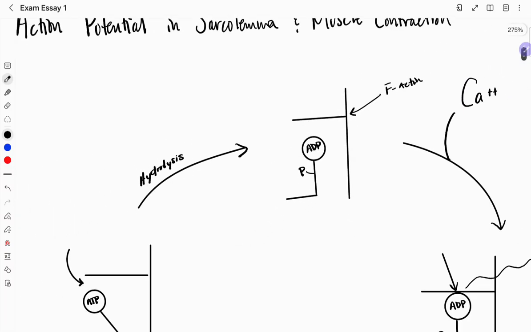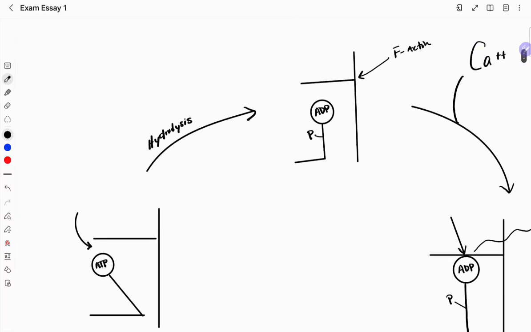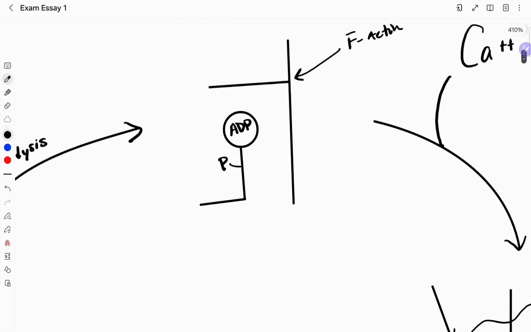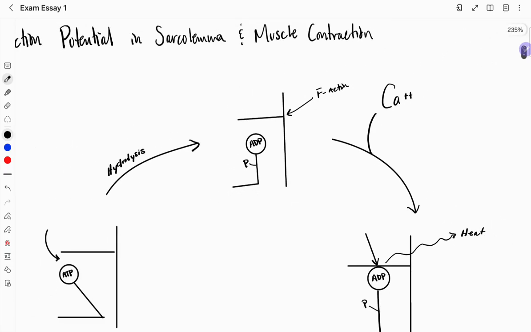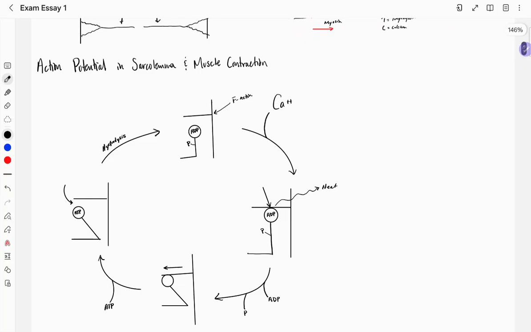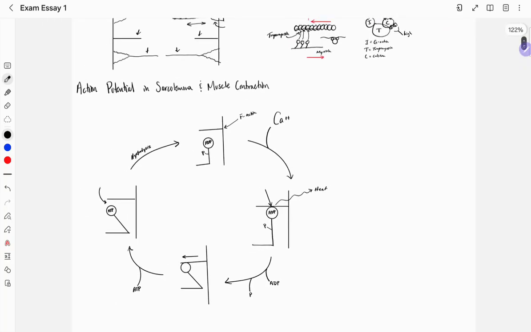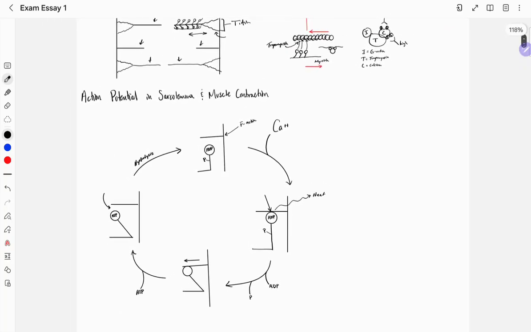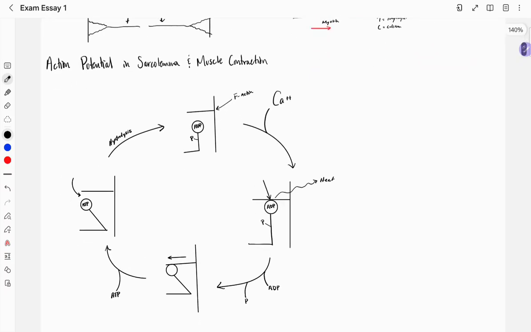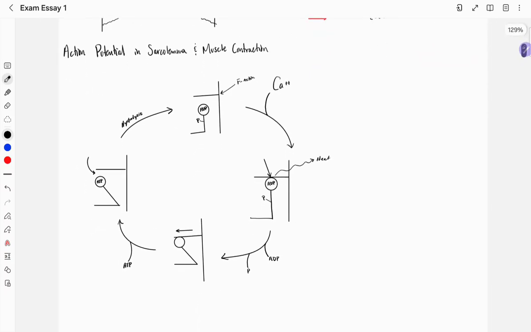And notice that this will also cause the myosin to cock. Go back into the cocked position like shown here. And then that cycle will repeat itself, as long as we have calcium, that is indirectly causing the availability of the F-actin binding sites for the myosin. So that is skeletal muscle.